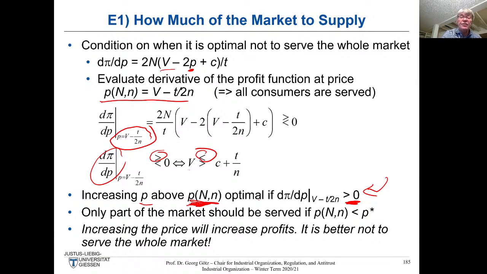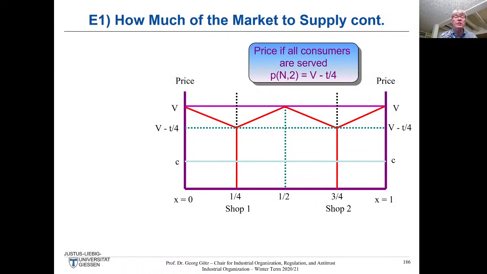Hopefully it's clear. If it's not clear, it's always better to illustrate it in terms of a diagram. Okay, so suppose we know that if we have two shops, as we have in this case, the price will be V minus T over 4. And suppose this is our cost, then we would know that V plus C over 2, which would be about here, would be our monopoly price.